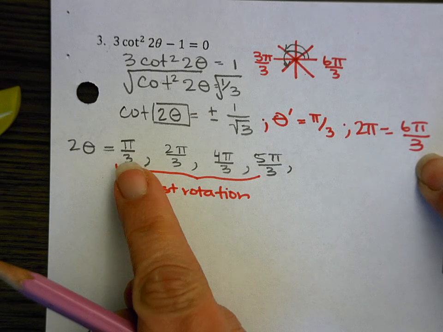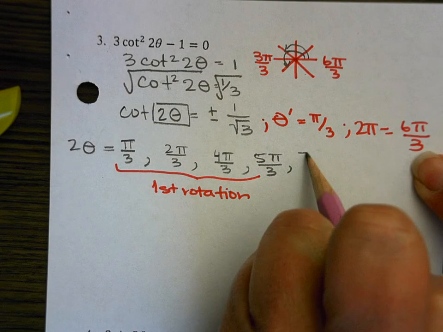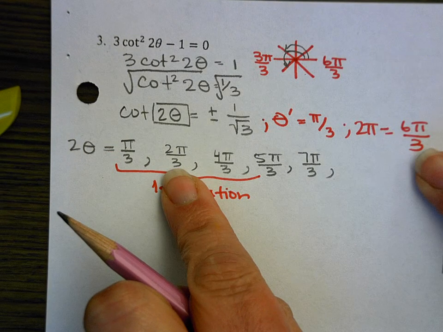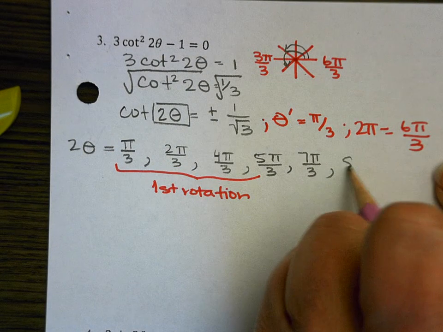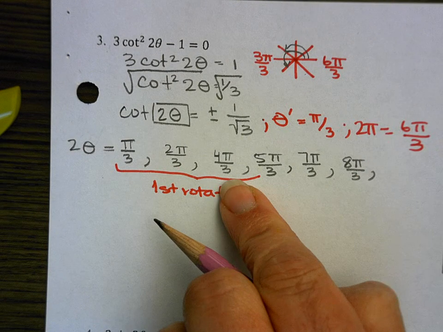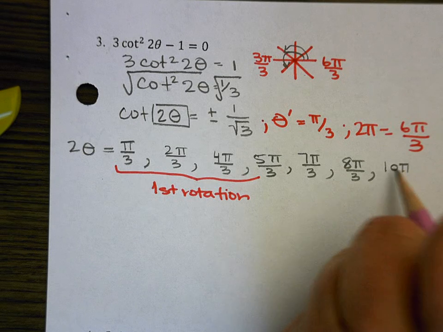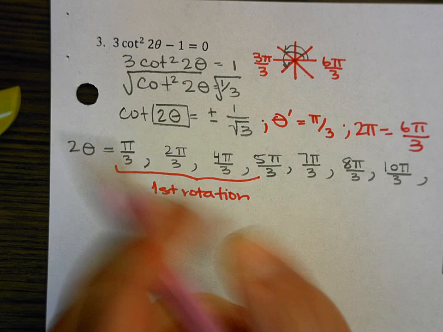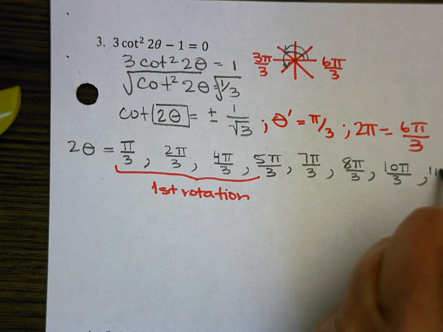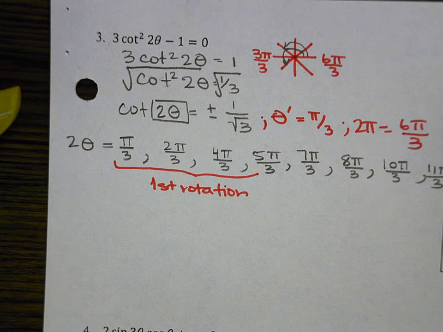So I'm going to do 1 pi over 3 plus 6 pi over 3. 2 pi over 3 plus 6 pi over 3. 4 pi over 3 plus 6 pi over 3. And then finally 5 pi over 3 plus 6 pi over 3. So that is my second rotation.